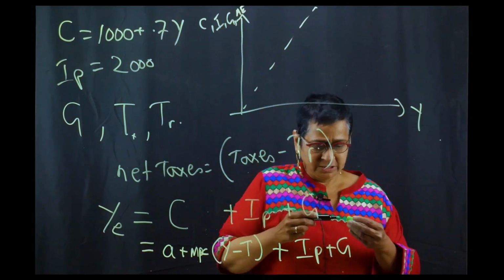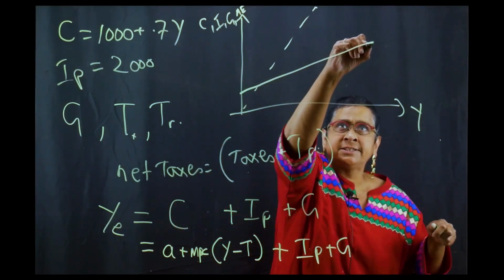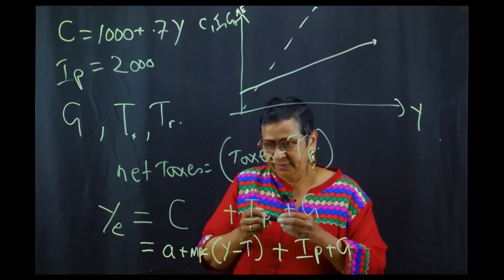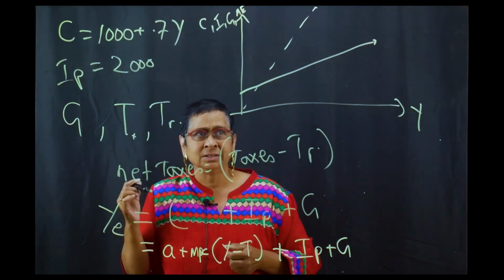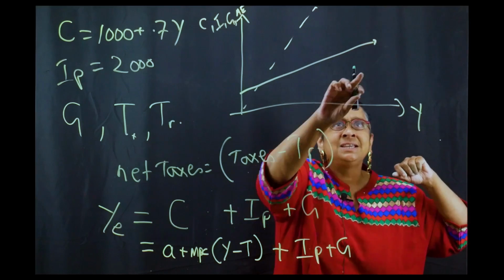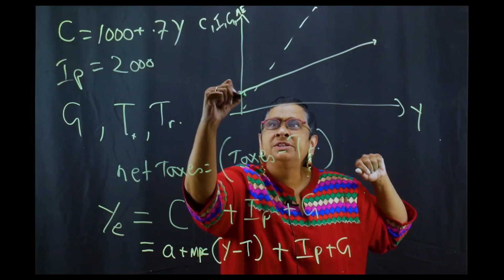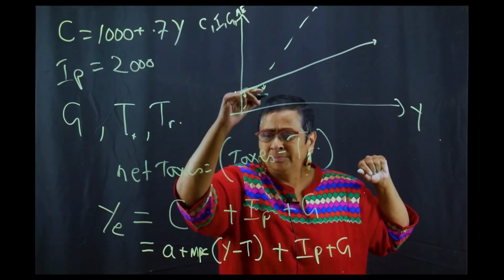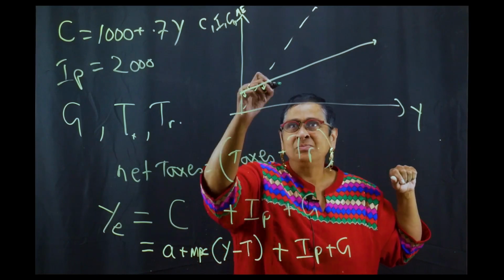There's my 45-degree line. And I started with C. And the first modification that's going to happen is that C over here, which was pre-tax, is going to go down by whatever modification, MPC times T, I'm going to do over here.